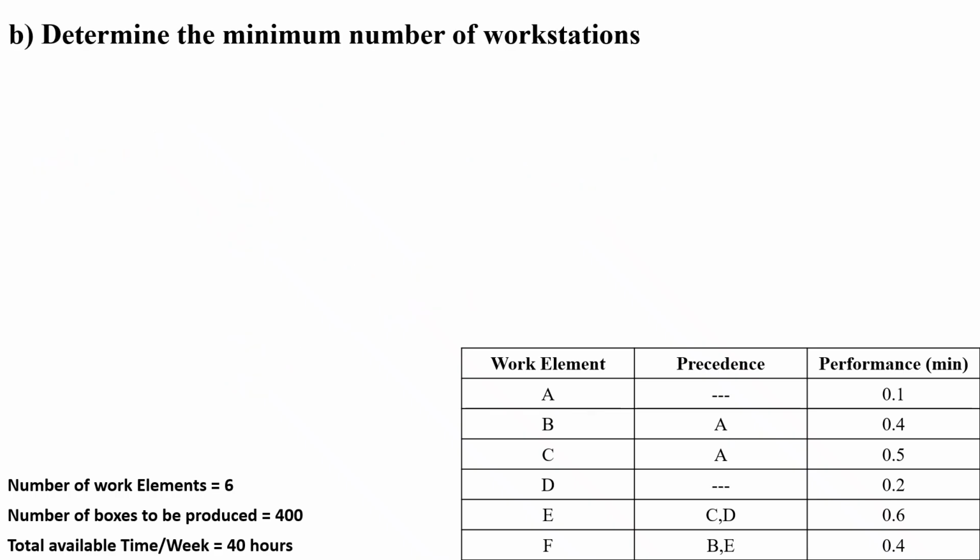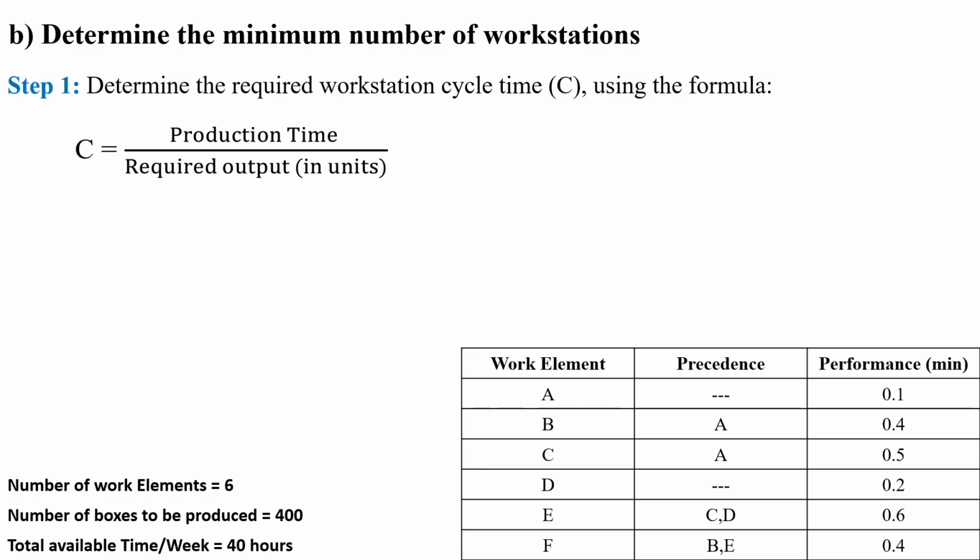Next we will solve the second question: determine the minimum number of workstations. So this will be solved in two steps. Step 1 is determine the required workstation cycle time using the following formula. We know that the workstation cycle time, capital C, equals production time divided by required output. In the data, the number of boxes to be produced is 400 and total available time per week is 40 hours.